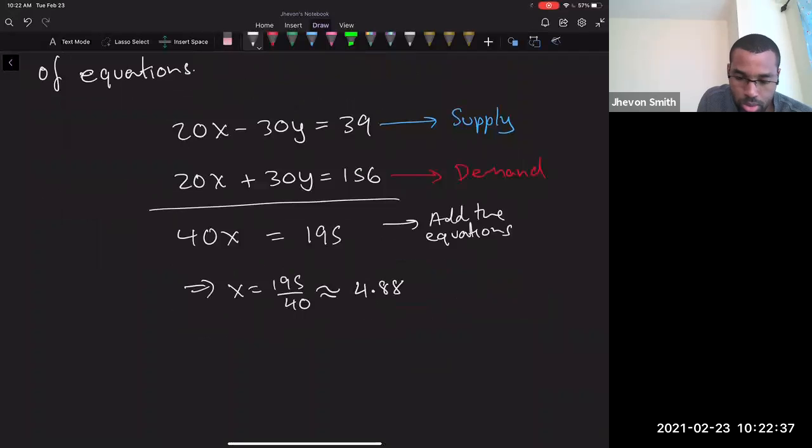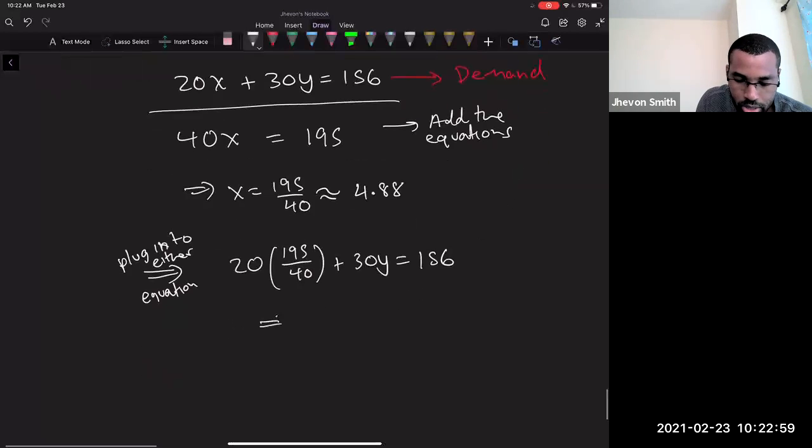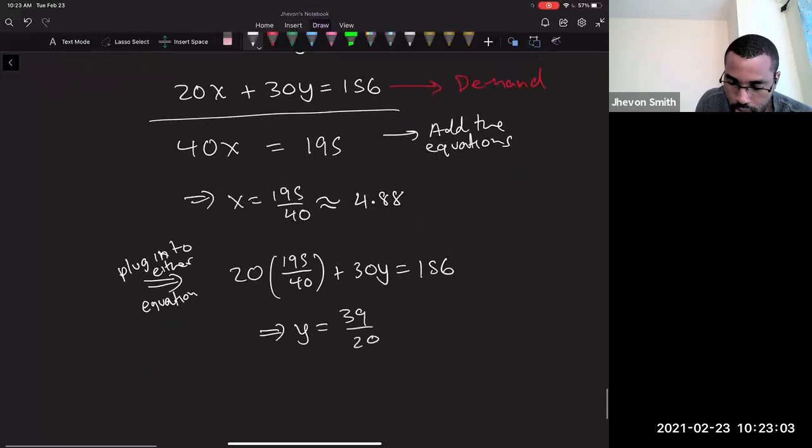And so now, by plugging into either equation, just because I'm going to plug into the second one, I can plug in that x value and I can solve for the y value.